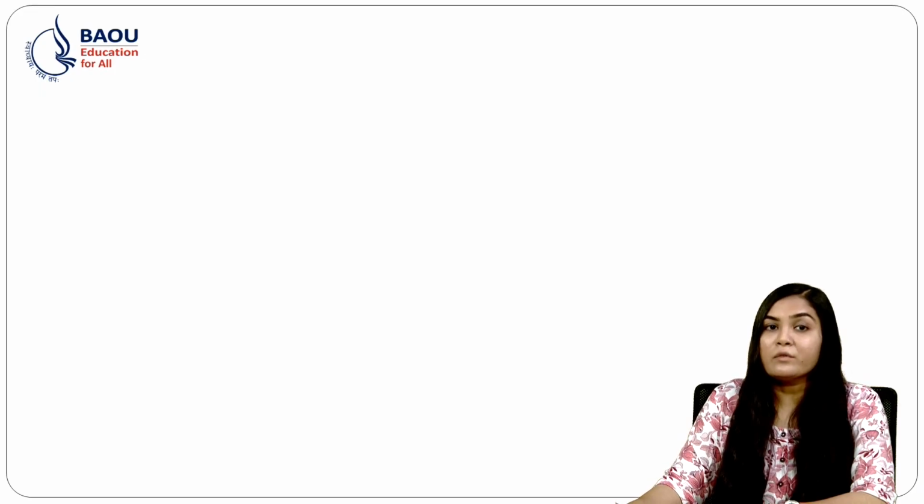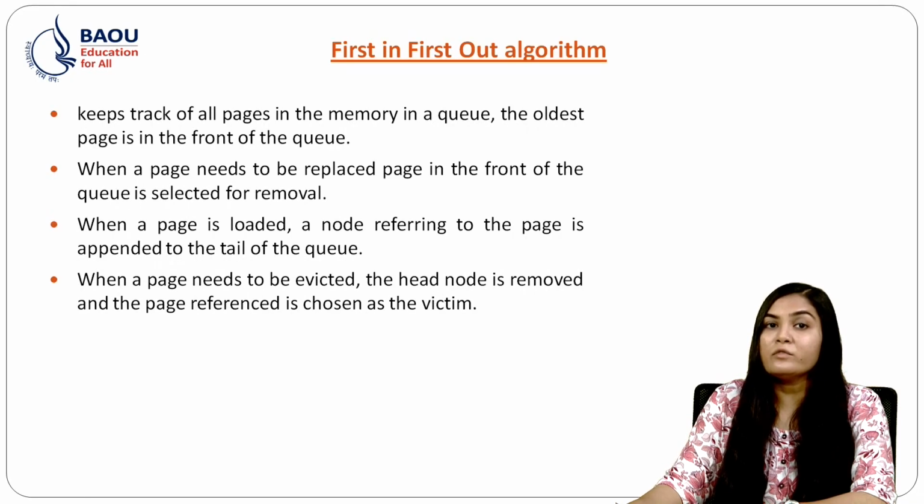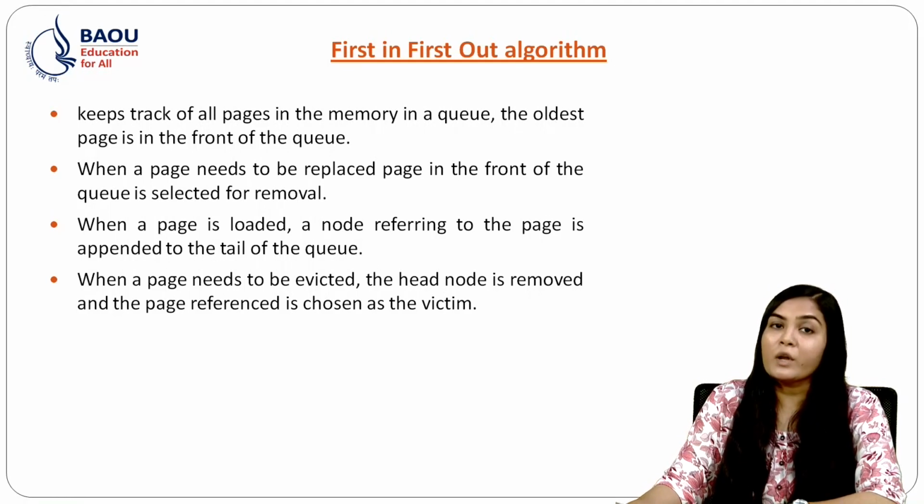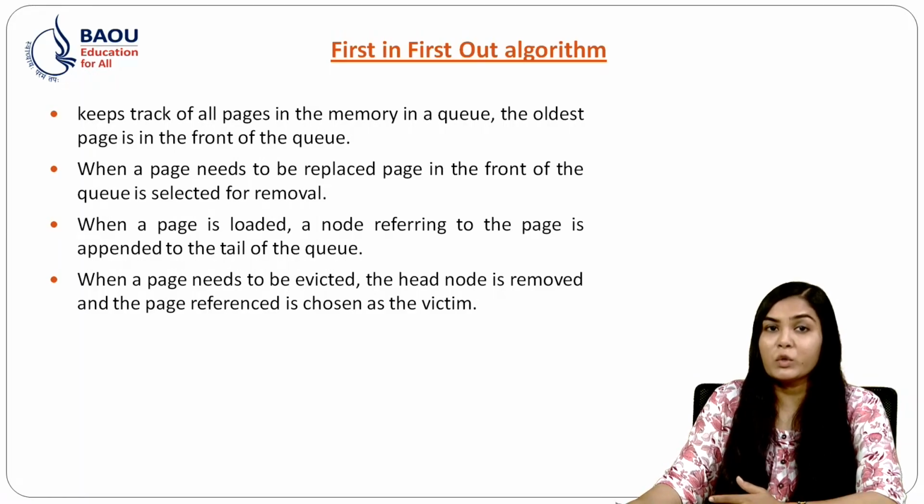In the next slide, we will learn about the first in first out algorithm. This is the simplest page replacement algorithm. In this algorithm, the operating system keeps track of all pages in memory in a queue. The oldest page is at the front of the queue. When a page needs to be replaced, the page at the front of the queue is selected for removal.